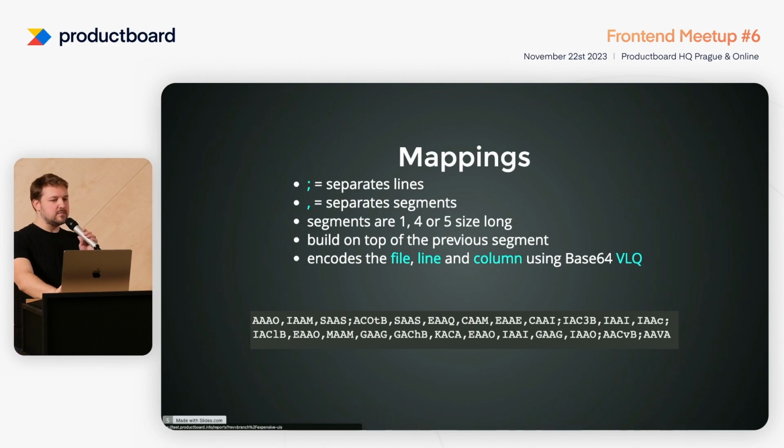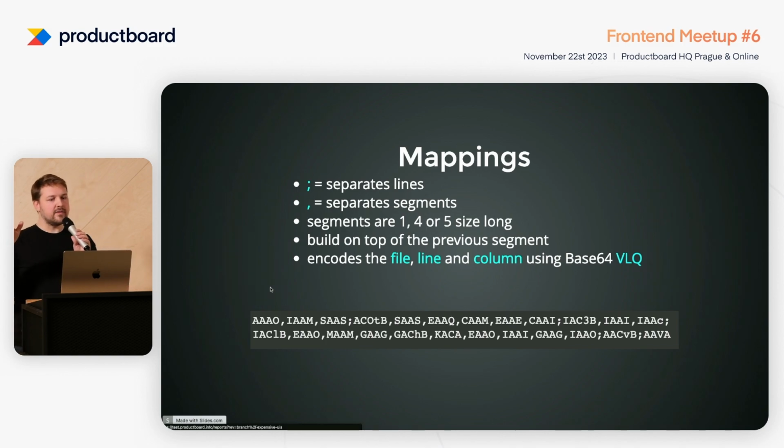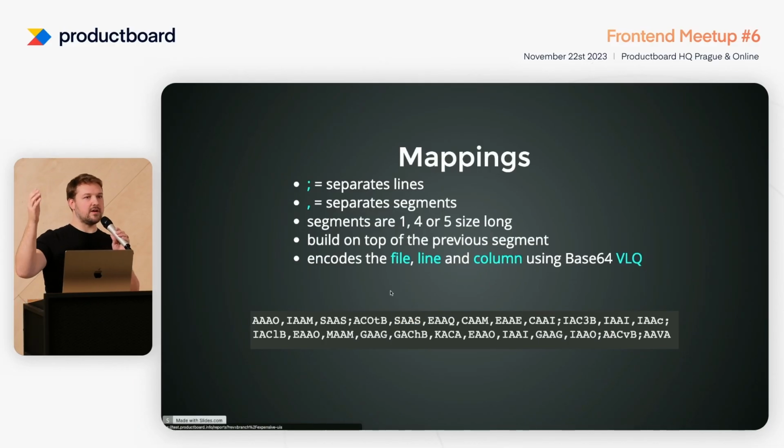So you can imagine that it's a really long key. There are semicolons to separate lines, and there are commas to separate those segments. As you can see, it consists of segments which are 1, 4, or 5 characters, and they encode which file, which line, and which column this particular segment represents in the original code.